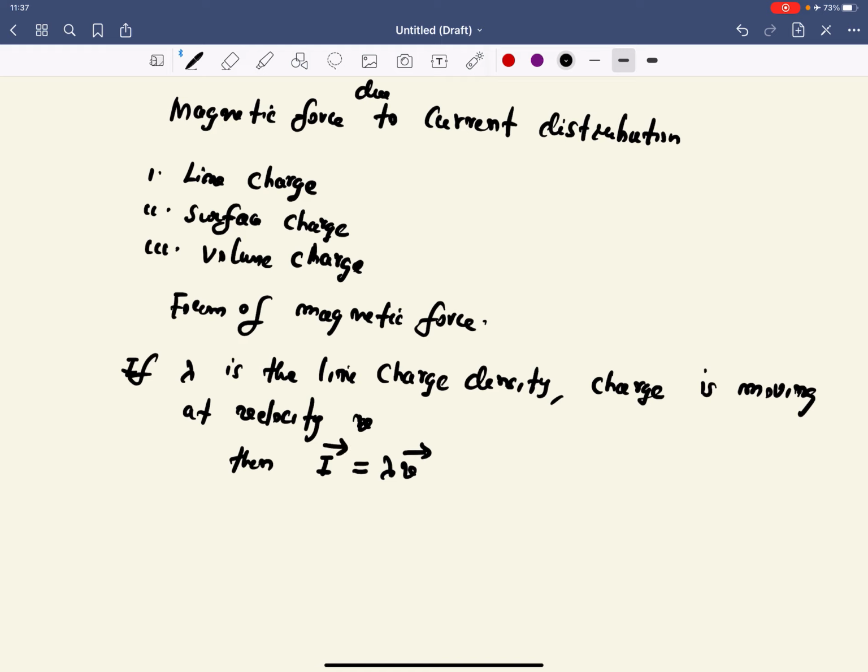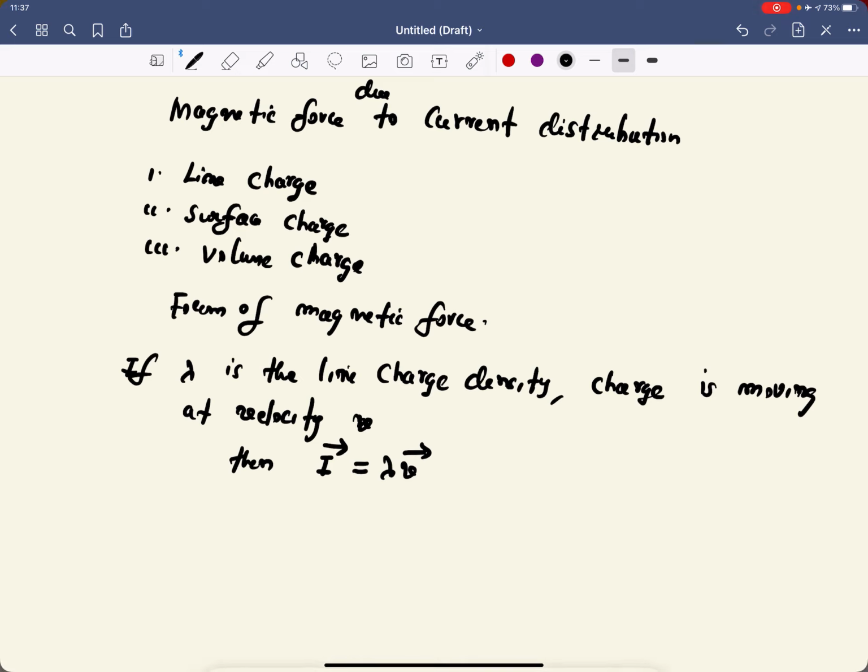Let's take current as a vector here, because current is actually in the direction of the velocity vector, or it is actually the direction which is opposite to the motion of electrons by convention. So in this case, what will be the magnetic force?